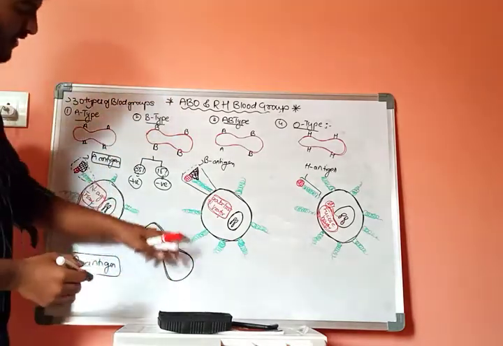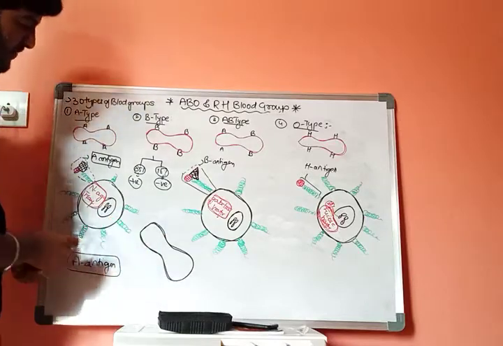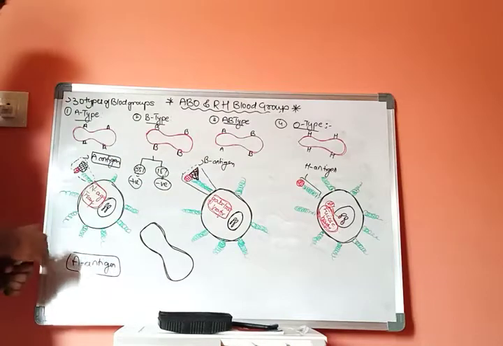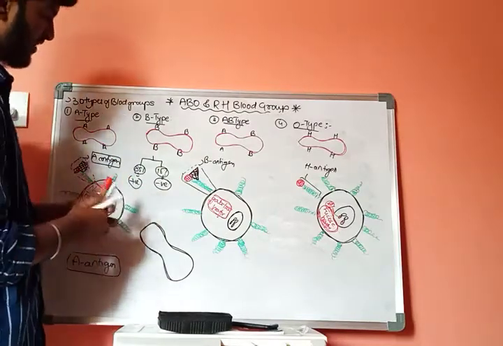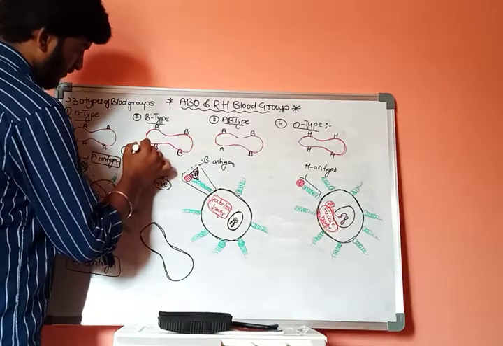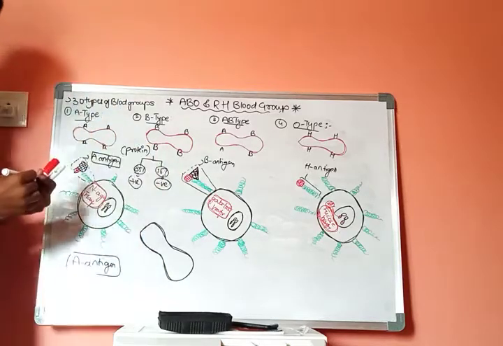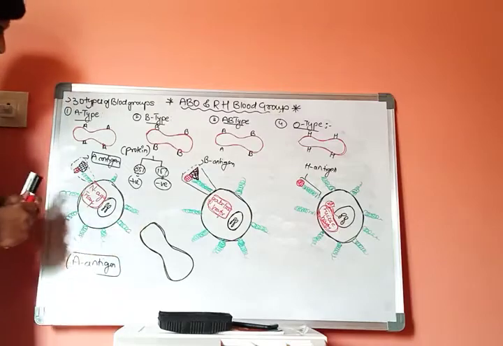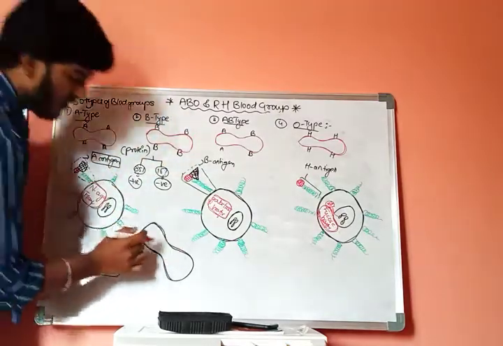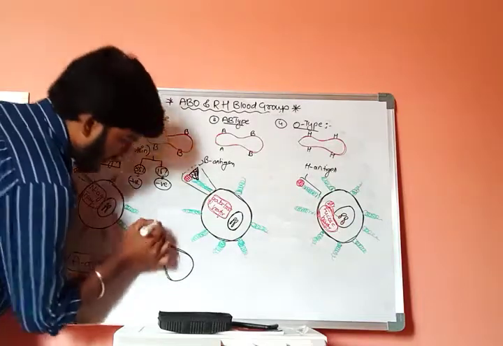Now, when we discuss the structure of the Rh antigen, let us consider this is the structure of the RBC. The Rh antigen is proteinaceous in nature, and this protein is twisted in 12 rounds on the surface of the RBC.